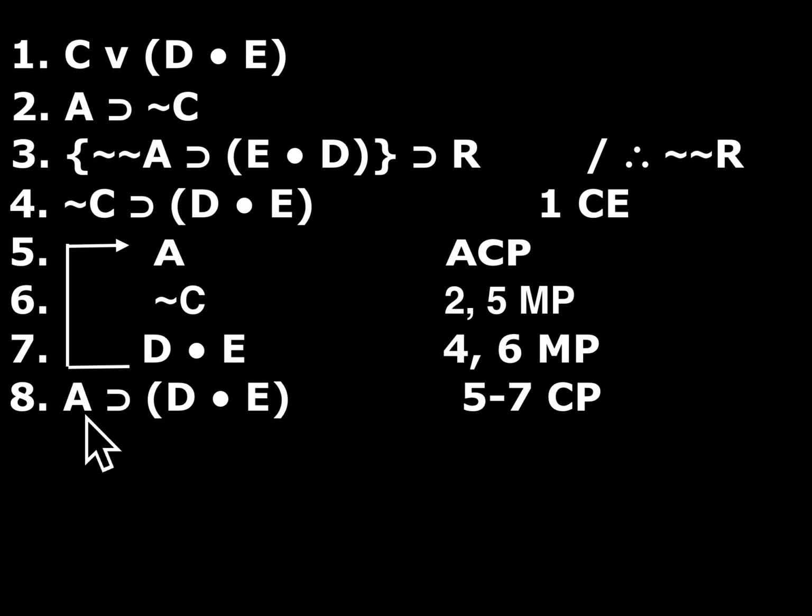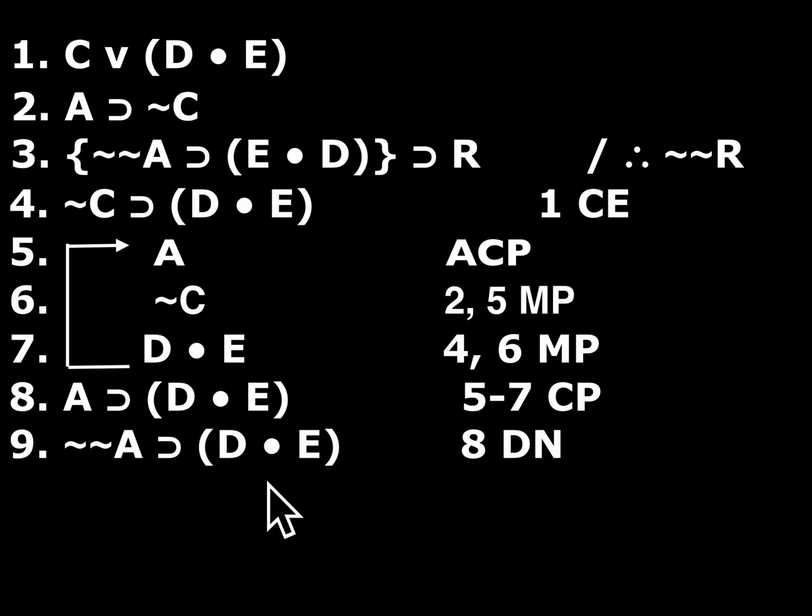And why this conditional? Well, because I know that if I have this conditional, I can turn it into this conditional here, this antecedent. I have to double negate the A to turn it into not A. I have to swap the D and E to make it E and D. But once I do these two things, I'll have this antecedent. I can get R by modus ponens.